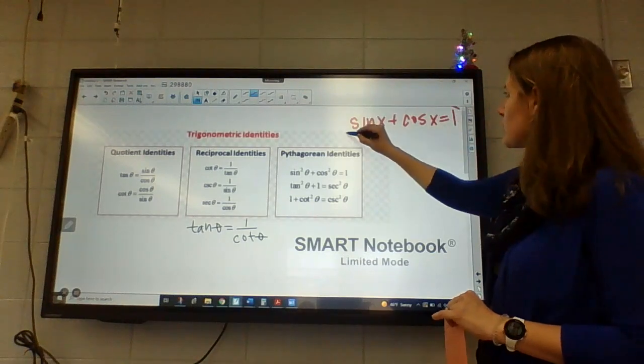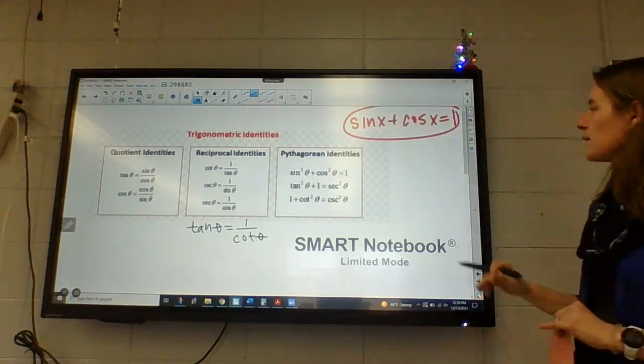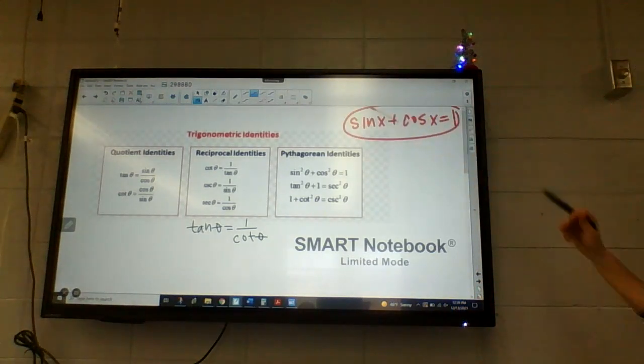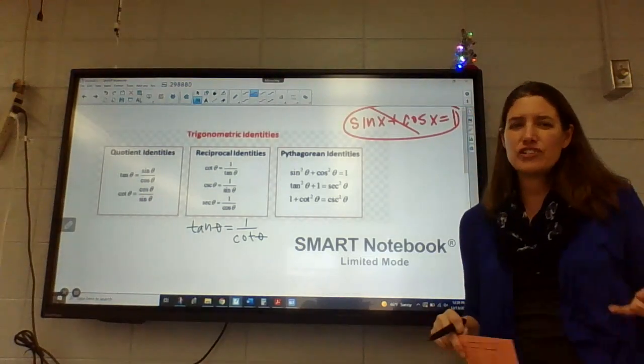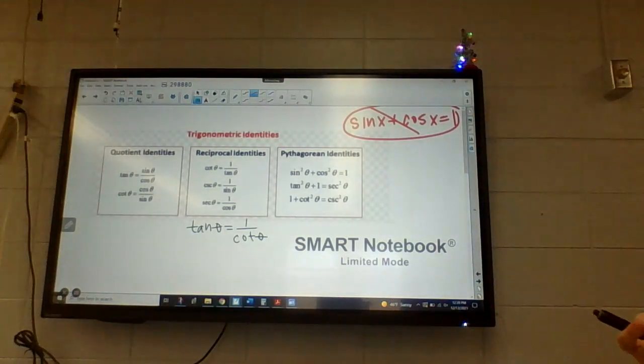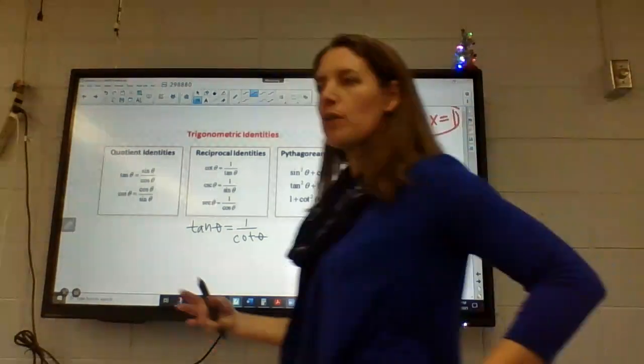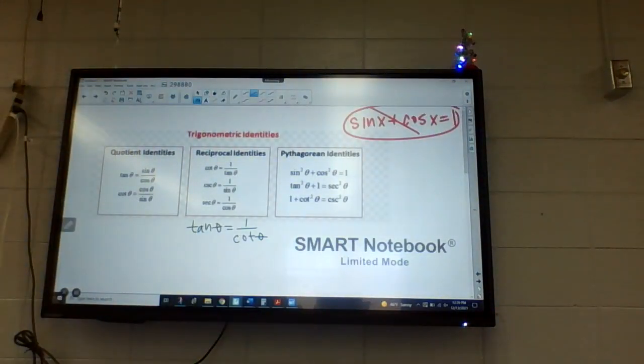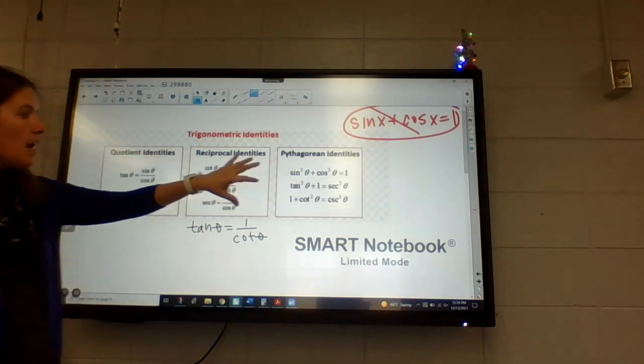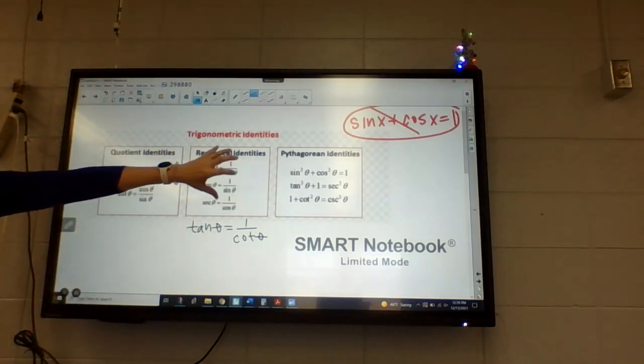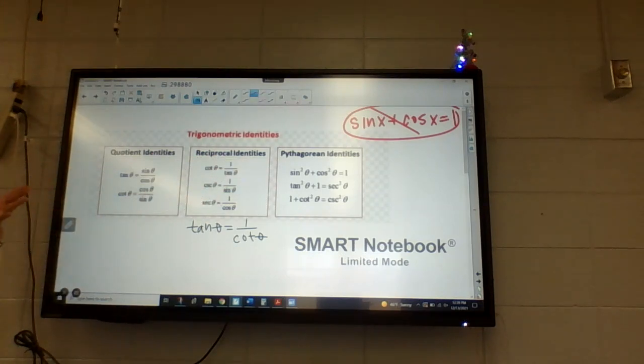So this is not a true statement. It's missing the squares. Just because this works for squared does not mean it works for just a regular sine and cosine. It's like saying the Pythagorean theorem, a squared plus b squared equals c squared, works for a plus b equals c. It doesn't work that way. So these are squared formulas, versus it doesn't work for singular functions.